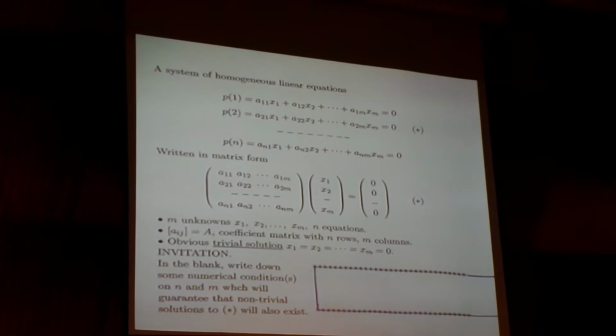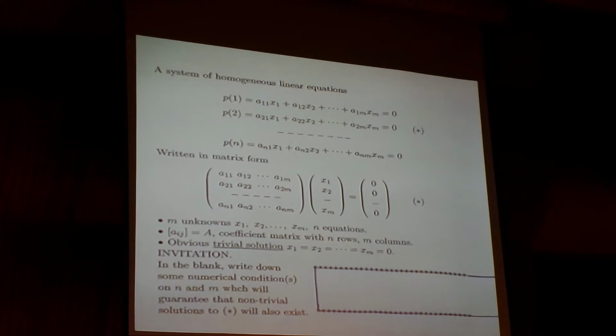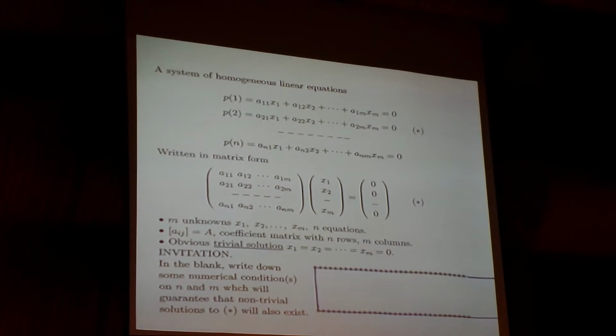All right, let's try to solve this equation. Obviously, there is the trivial solution, x1 equals 0, x2 equals 0, and all the x's equal to 0. That certainly satisfies the equation system. We call this the trivial solution. But now I give everybody an invitation.